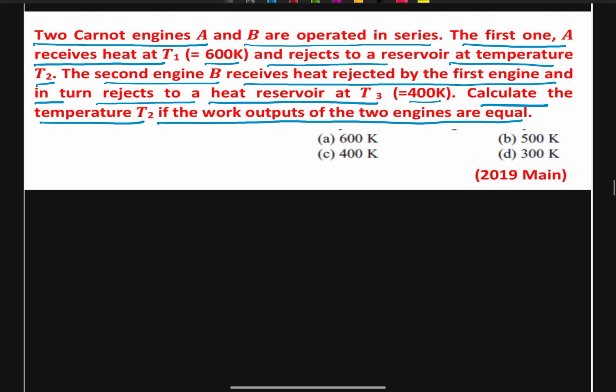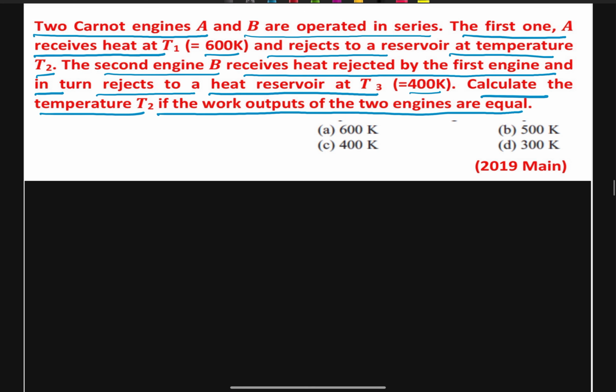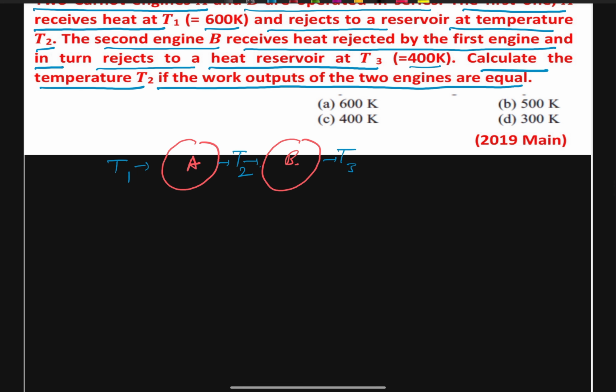So we are given two engines A and B, and they are connected in series. Suppose this is our engine A and this is our engine B. The first one receives heat from T1 and gives out at T2, and the second one takes this T2 and gives out at T3, and in both cases the work done is the same.